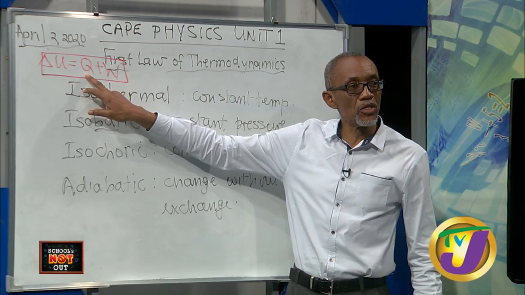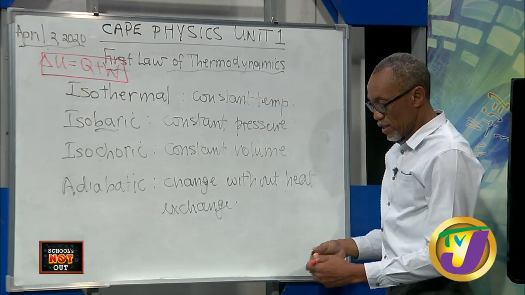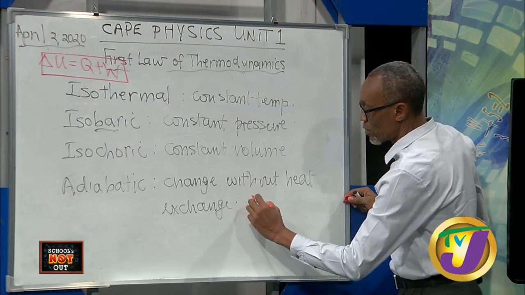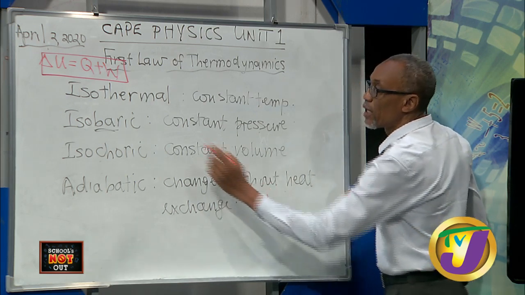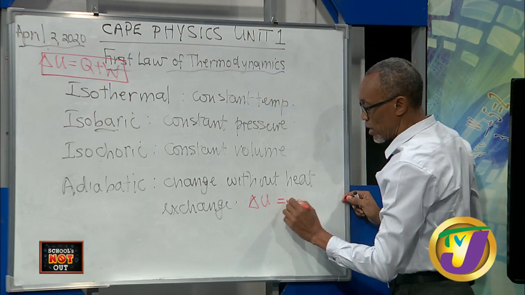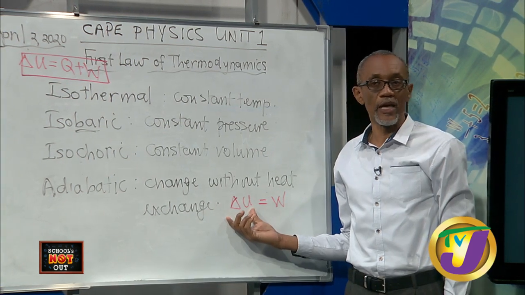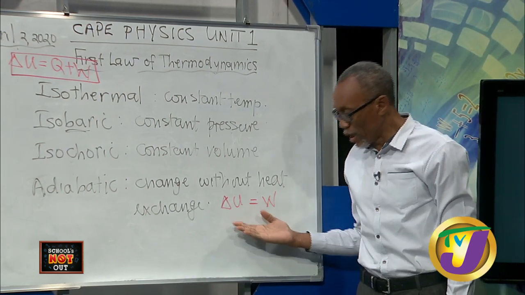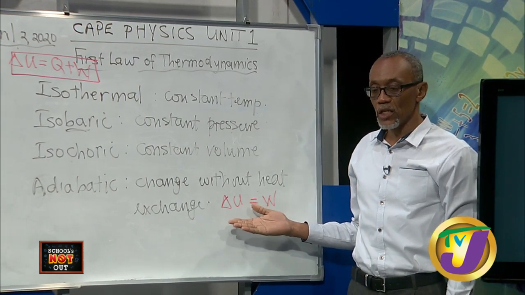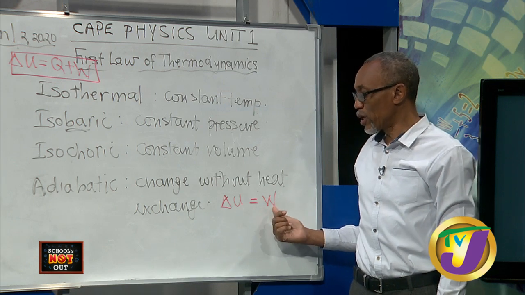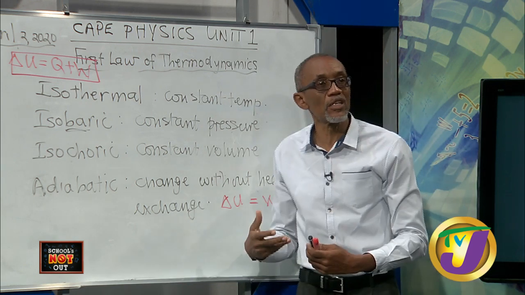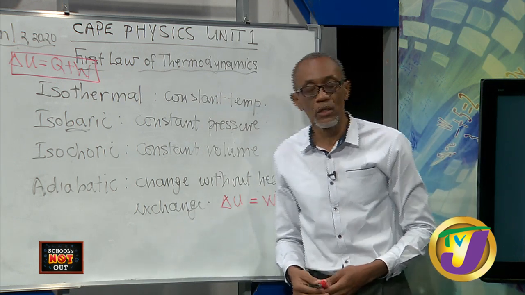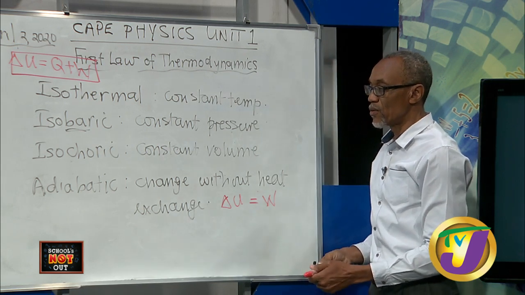And so our change in internal energy, since Q is 0, is converted to change in internal energy, because the system itself has to use its own energy to cause the change.